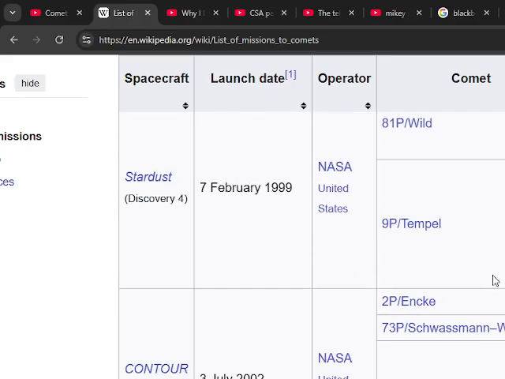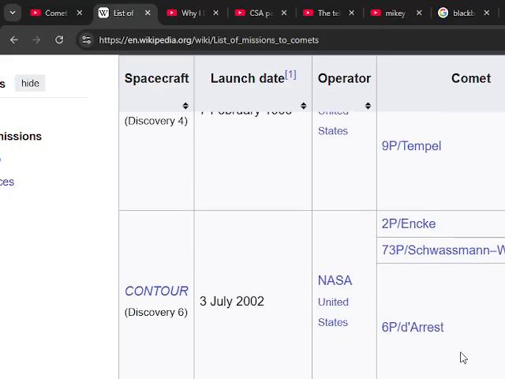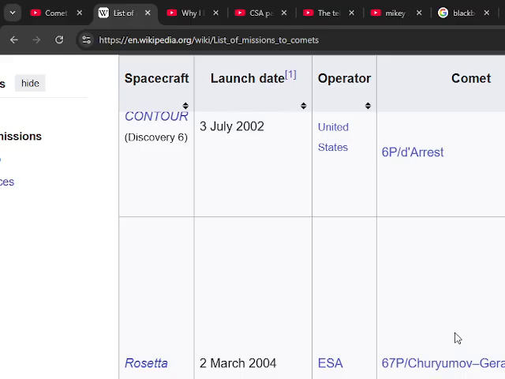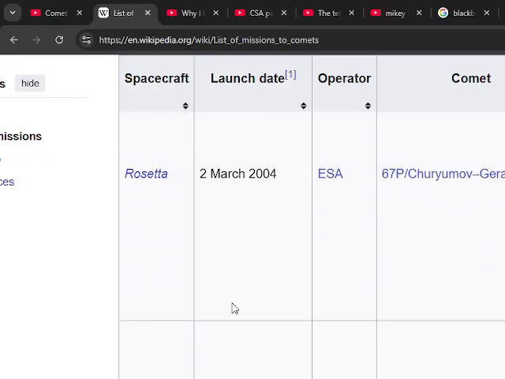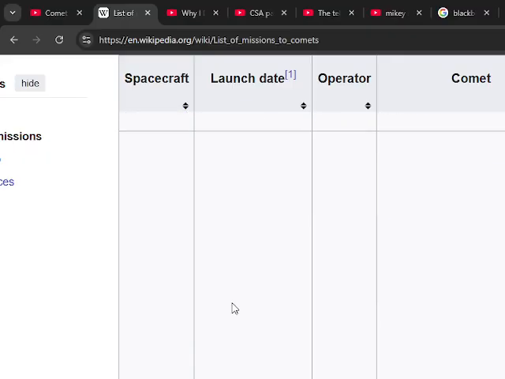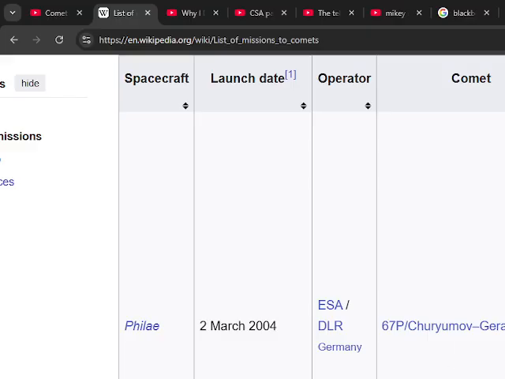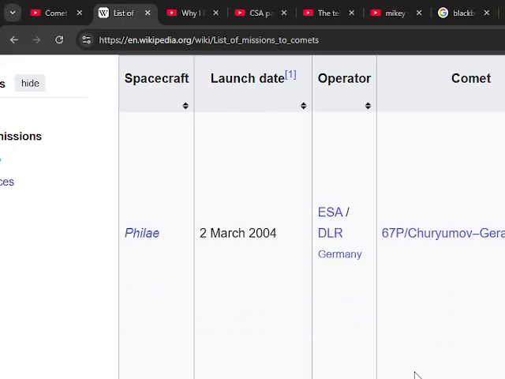Then you have Contour, which was launched by NASA, and it went to 2P Encke, and 73P, and 6P. And then you have Rosetta, which went to 67P in 2004, and Philae, which actually crashed into 67P. It was part of the Rosetta mission.